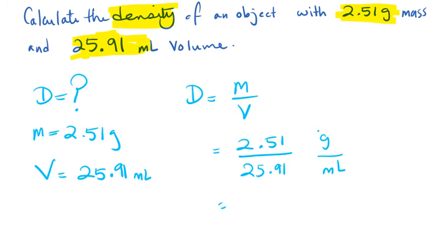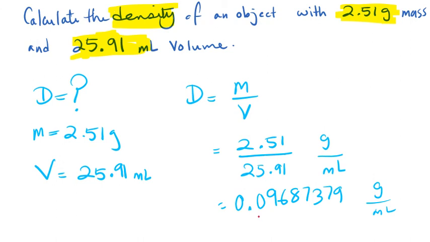I wrote the units here to remind you the density has this unit, grams per ml. When you calculate that one, you may see a number like 0.0969... 0.09687379 gram per ml. But we never use this one when we work with the problem.